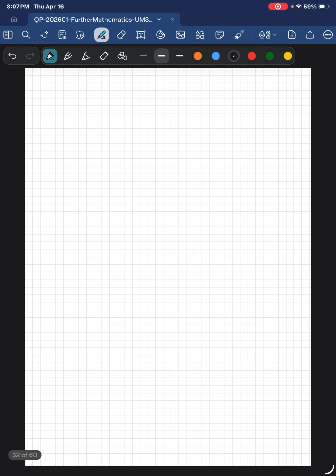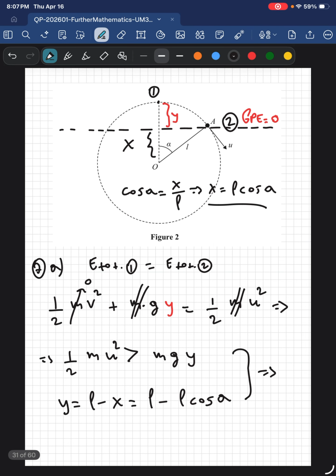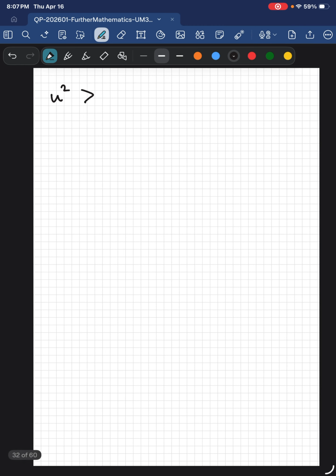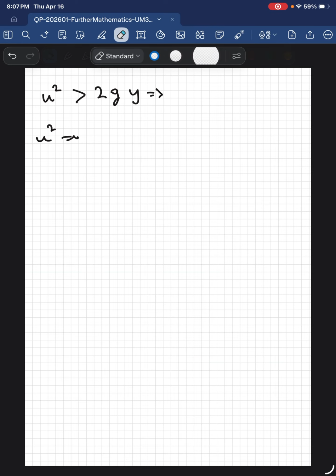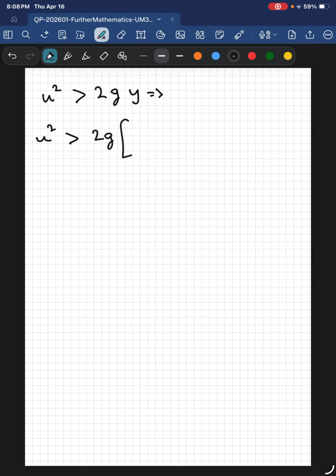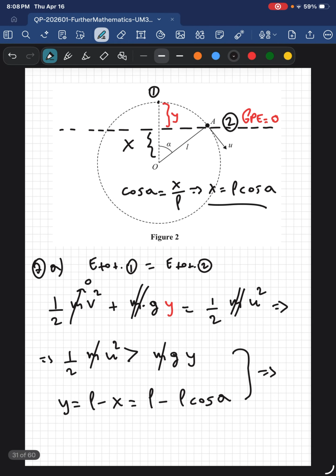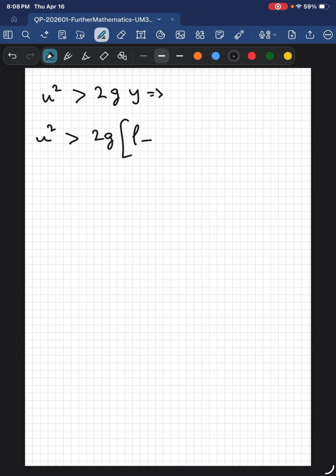Okay, so we have u squared has to be larger, right? So this m cancels, forgive me for cutting it, larger than 2gy. So u squared has to be larger than 2g, and then y is equal to L minus L, and then the cosine of alpha is given as 4 over 5.